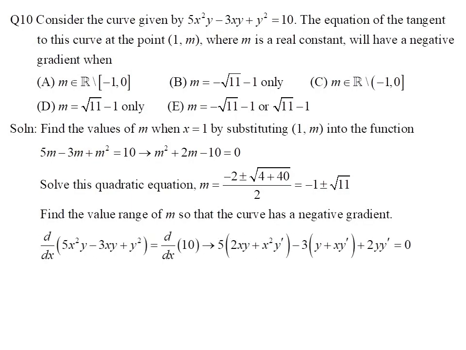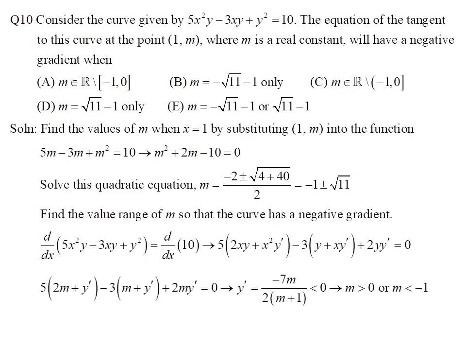We differentiate both sides of the curve equation with respect to x, which gives 5 times (2xy plus x squared y prime) minus 3 times (y plus x y prime) plus 2y y prime equals 0.